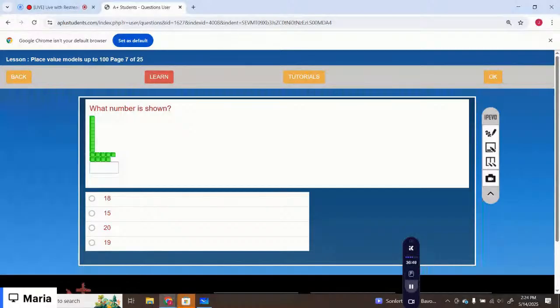So 1 ten and 9 ones together make 19. Option number 4 is the correct option. That makes 19.